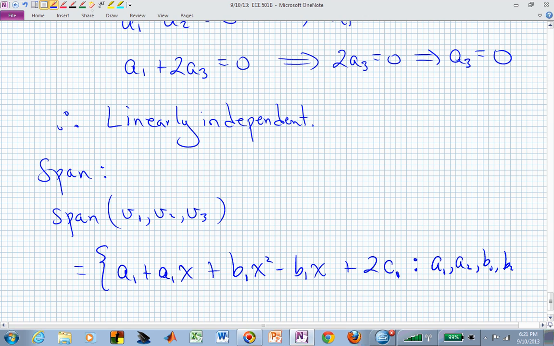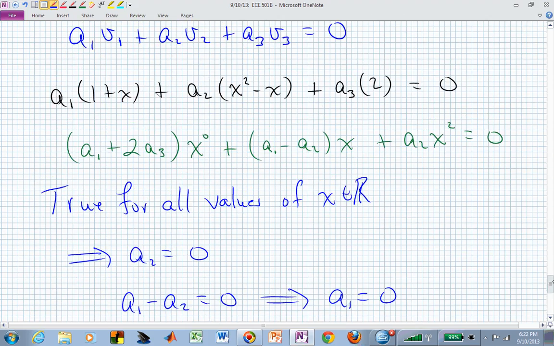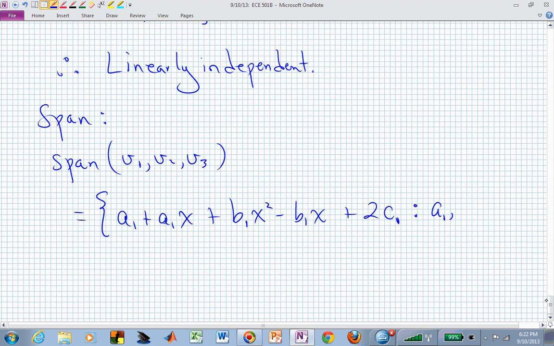Now we only have the one b1, and we only have the one a1, don't we? So let me not get carried away with what I'm doing here. We now have a1, we have b1, and c1.